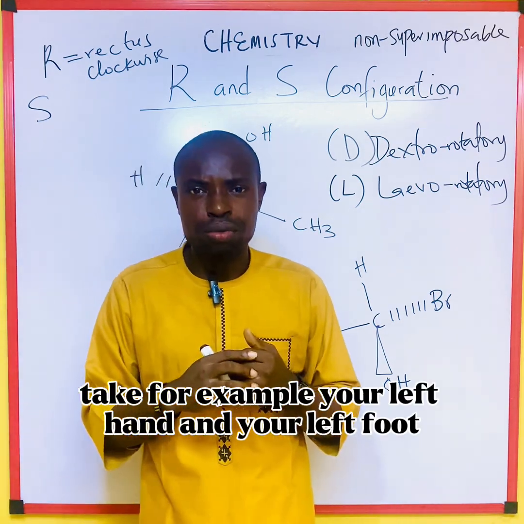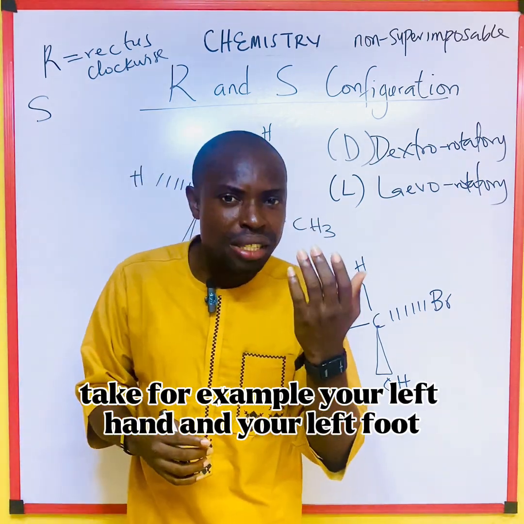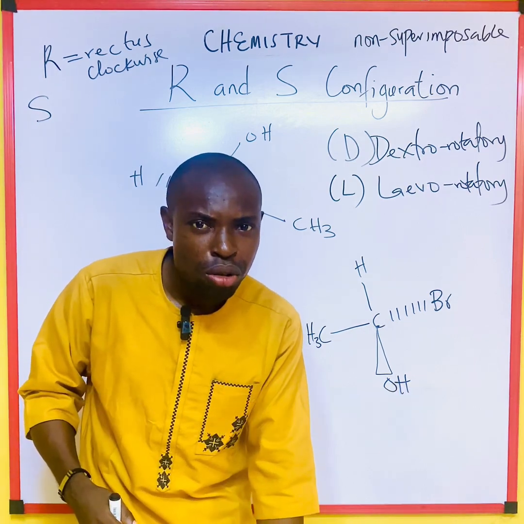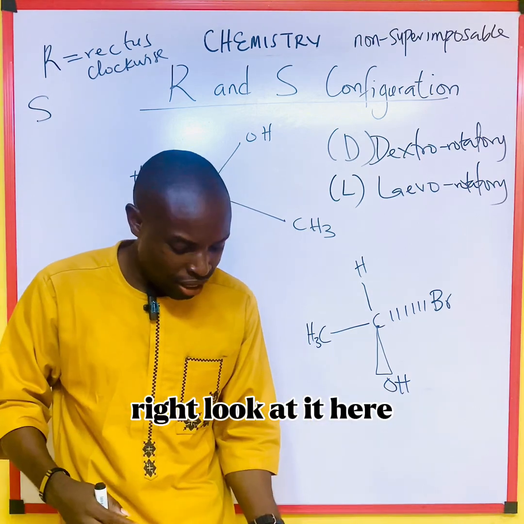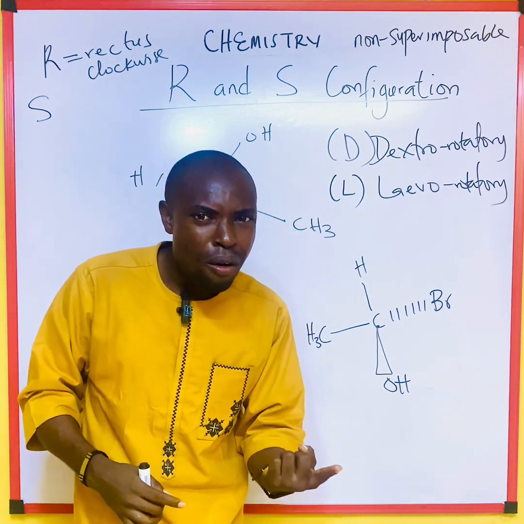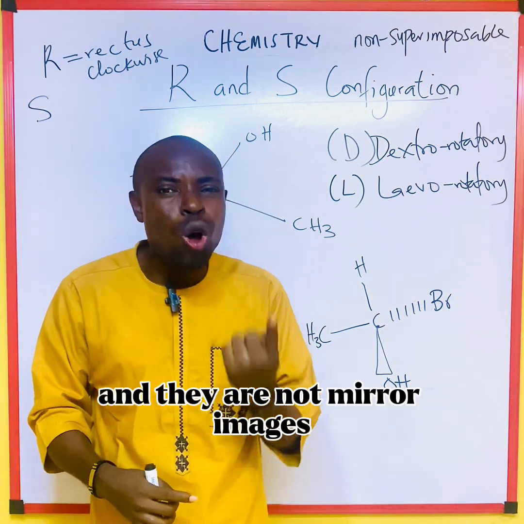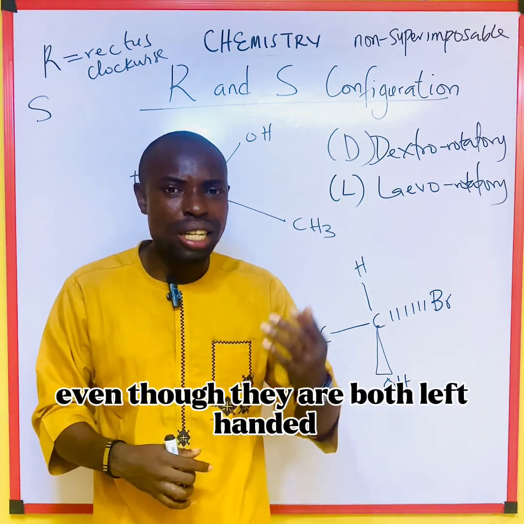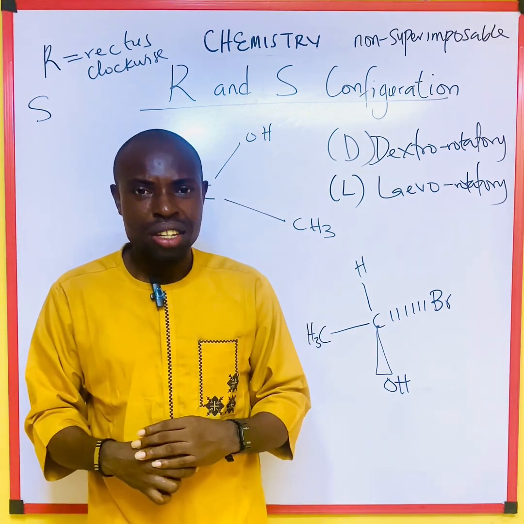Take for example your left hand and your right foot. Look at it here. They are not superimposable and they are not mirror images, even though they are both left-handed.